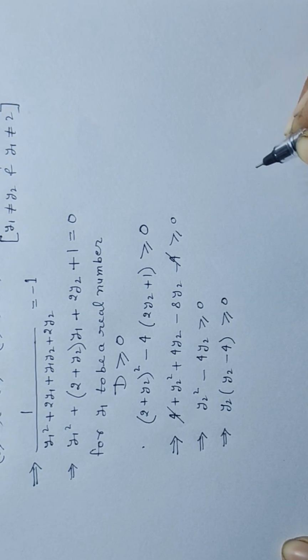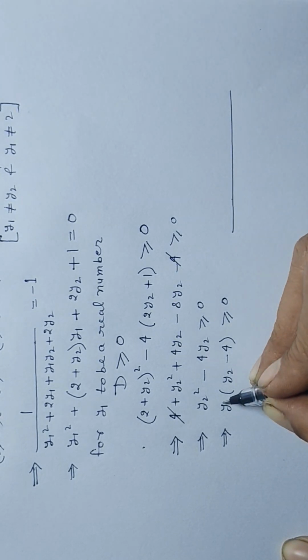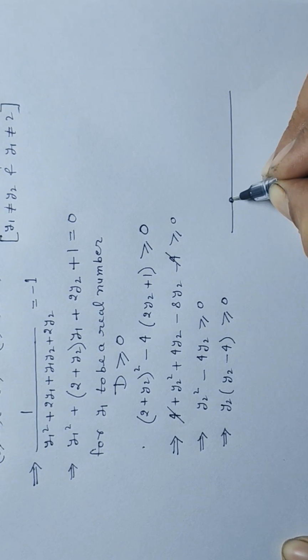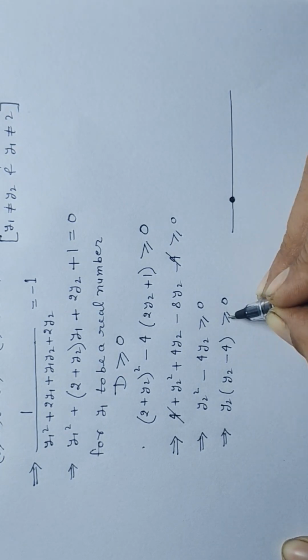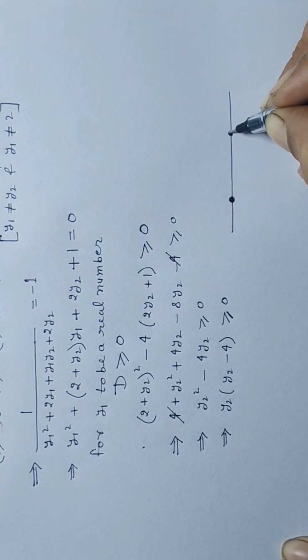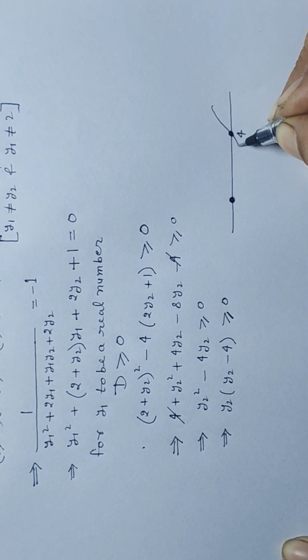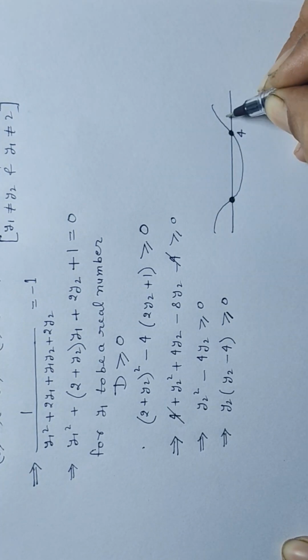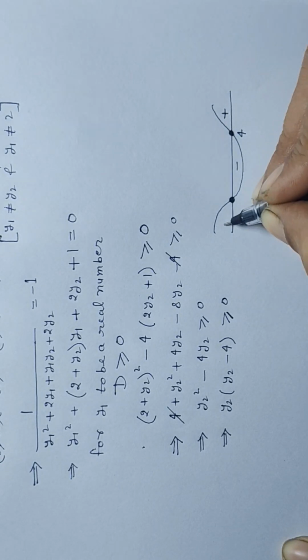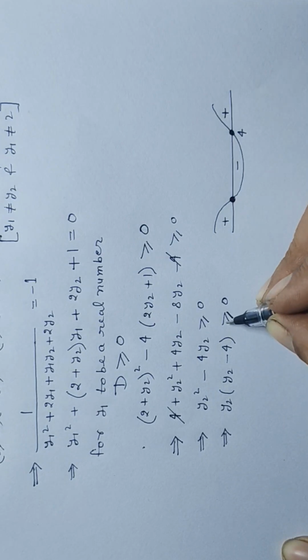And plot the wavy curve. Root of this is 0, closed interval because of the inequality, and root of this factor is 4. Positive, negative, positive. So our requirement is a positive region.